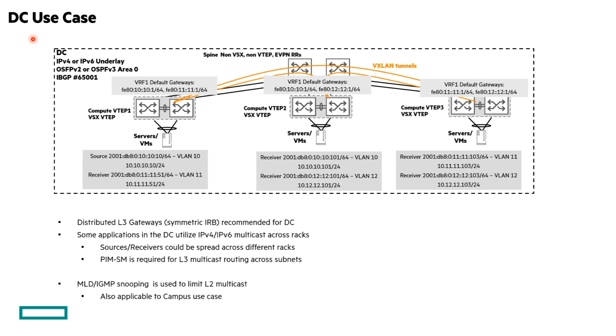We're using distributed layer 3 gateways. For example, on VTEP 1 we have VLAN 10 with an IPv6 address 2001:db8:10:10:10, and similarly we have an IPv4 address 10.10.10.10, and then on VTEP 2 we have, from an IPv6 perspective, 2001:db8:10:10:101, and from a v4 perspective we have 10.10.10.101, in the same VLAN stretched across the DC.